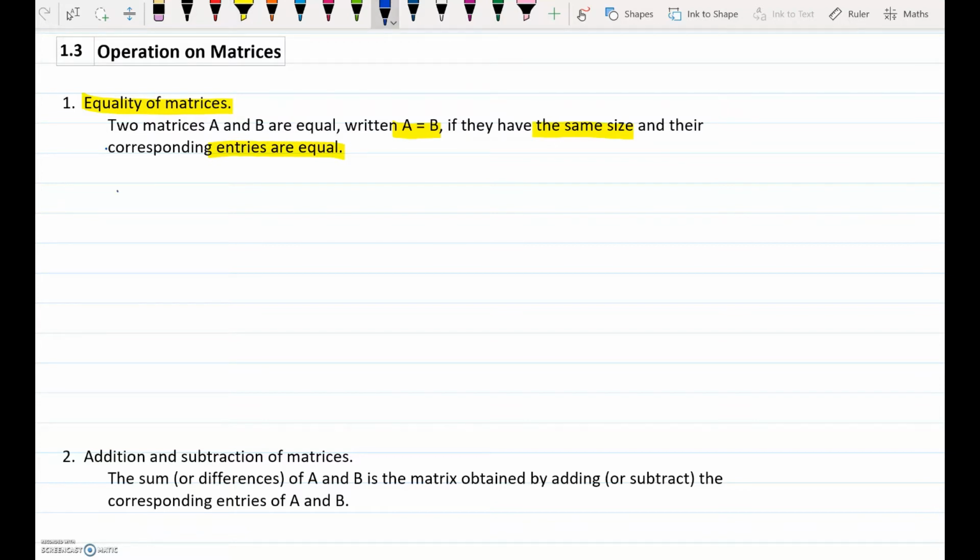For example, let's say we have a matrix A, 2 by 2, 1 2 3 4, and we have another matrix B equals to 1 2 3 4. Since you have the same size for A and B and all the entries are equal in A and B, we say that matrix A equals matrix B.